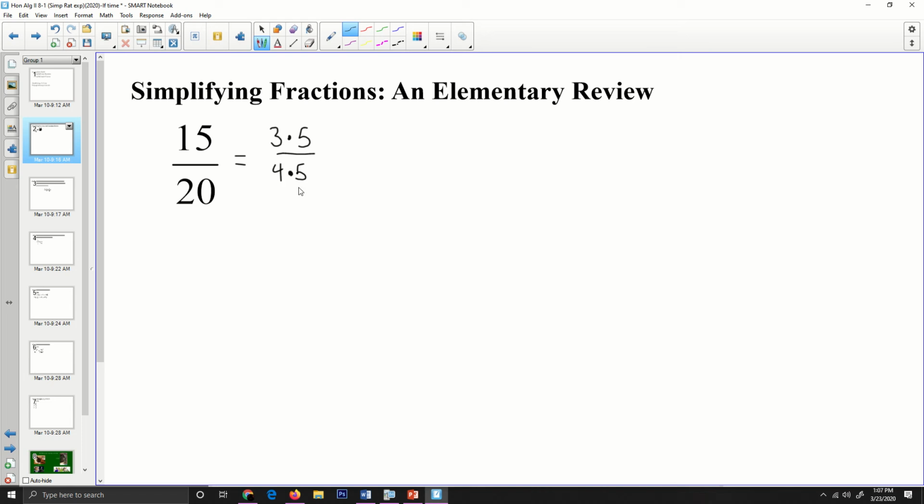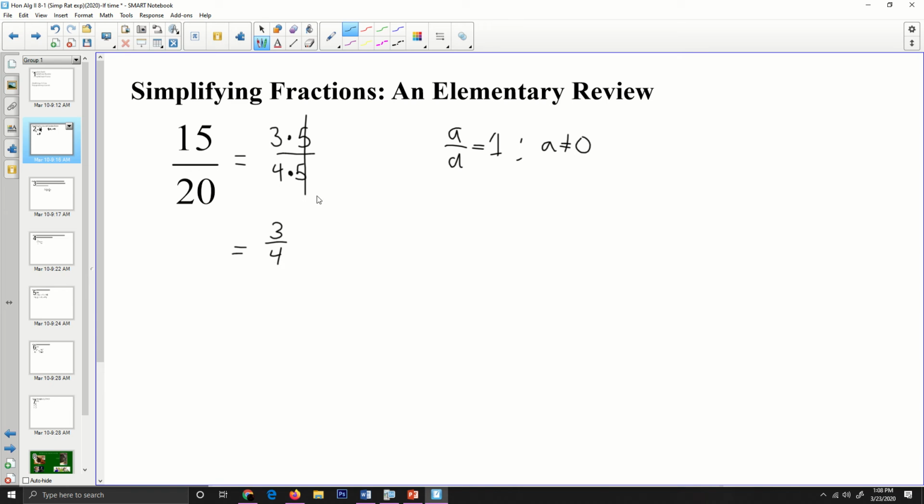Anytime you have something over itself, a over a is always equal to 1, provided that a is not equal to 0. We're looking for a common factor in the numerator and a common factor in the denominator so that we can cancel those out, and the final reduced fraction is 3 over 4.